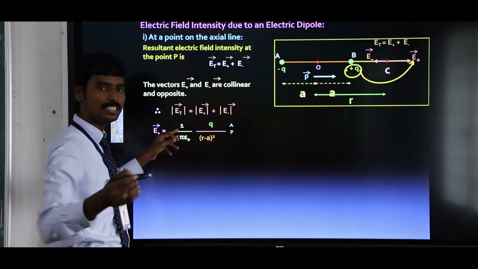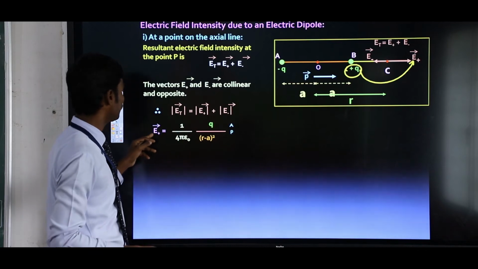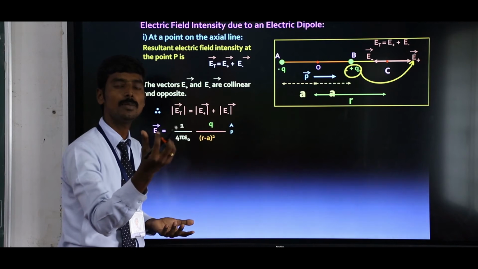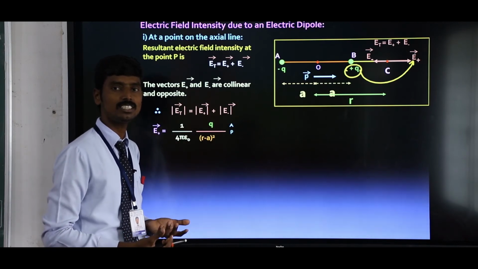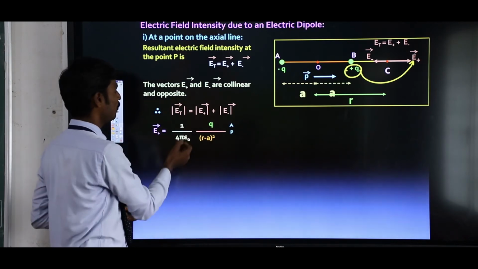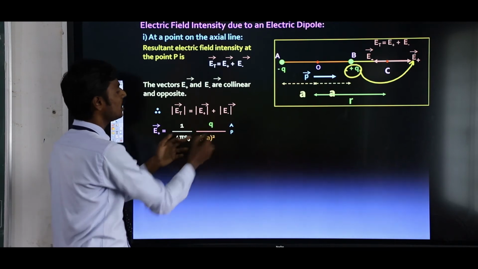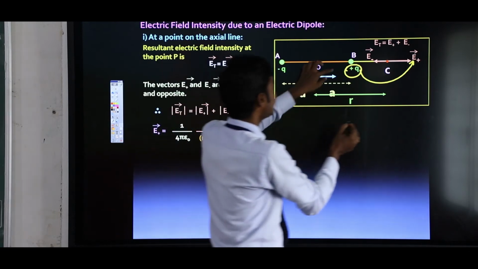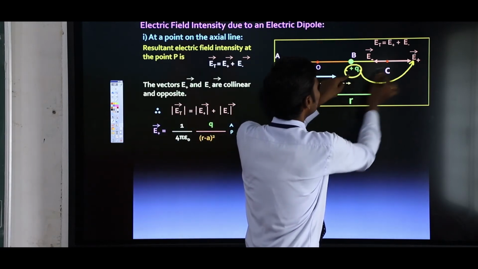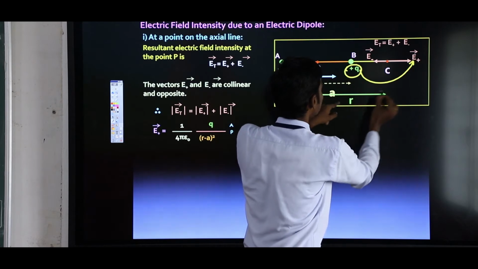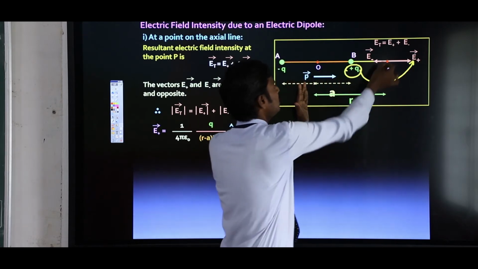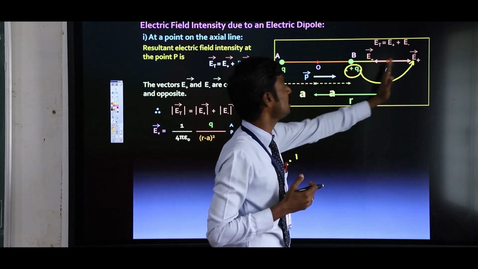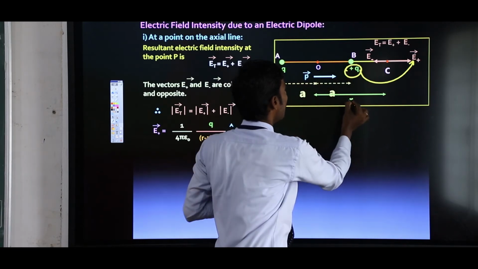This formula you know very well, a basic concept. The electric field E plus vector equals, what is the formula? Electric field is defined as force per unit charge. The final expression is E vector equals 1 by 4 pi epsilon naught, q by (r minus a) whole square. Why r minus a whole square? We need the distance from plus q to the point C. The total distance from the midpoint to C is r, but we need plus q to C, so the value is r minus a.